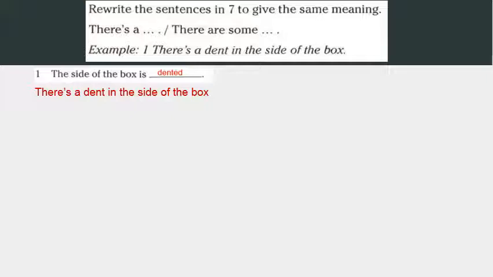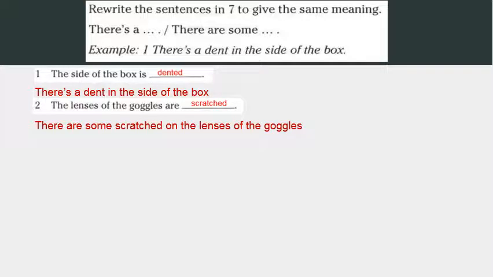There are some. Okay? It's like the lenses of the goggles are scratched. It's like there are some scratches on the lenses of the goggles. Number 3, the surface of the road is cracked.